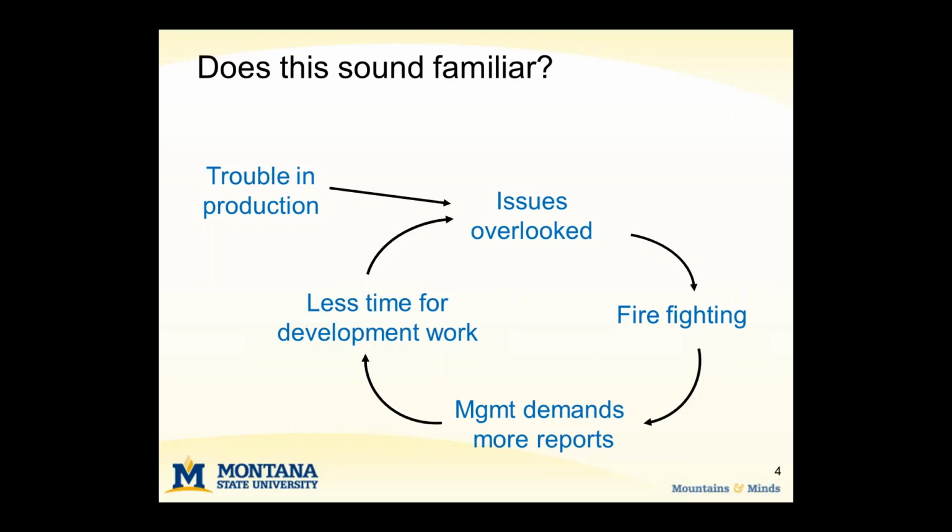Of course, when that happens, that means that the team or the team lead has to take time out of their day to prepare the report and then actually conduct the report. And of course, that means less time for development work, which can then produce more issues that are overlooked and more firefighting. And if that continues, oftentimes management wants a greater frequency of reports, which means less time for development work. And if that continues, then we can end up in quite a vicious cycle.